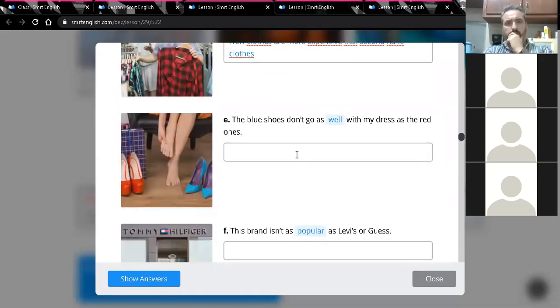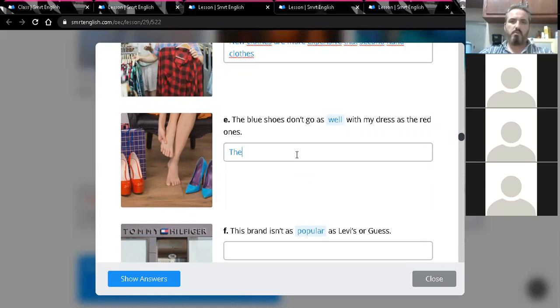Okay, E. The blue shoes don't go as well with my dress as the red ones. So what is the comparative form of well? Better. Better, very good. So how am I going to make the sentence? Remember that the first one is less than the other one, so I'll have to start with the red shoes.